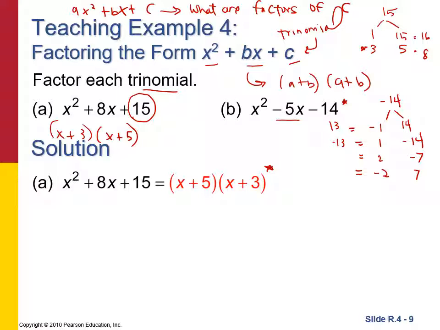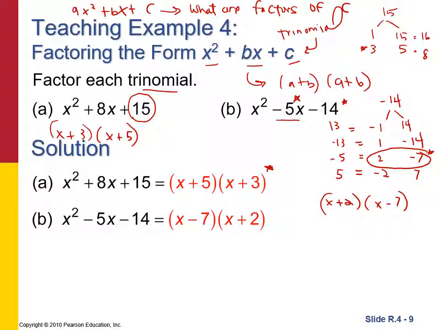Negative 7 and 2 is negative 5. And that's our answer, right? Obviously, you can see that's our answer. Let's just do this last one. 7 and negative 2, that's positive 5. So the answer is going to be x plus 2 times x minus 7. And you can see that that's the answer here. But that is how we come up with the answer.